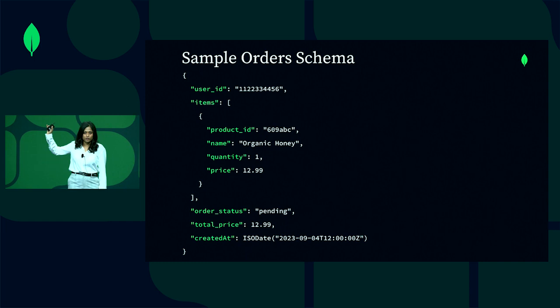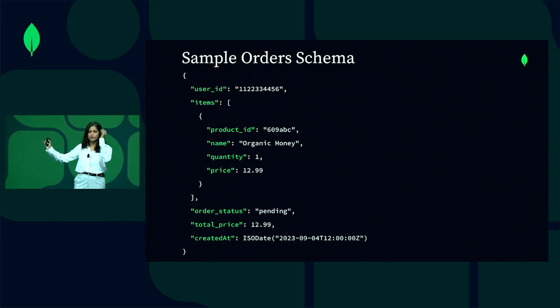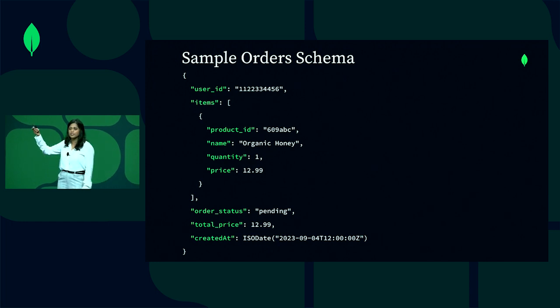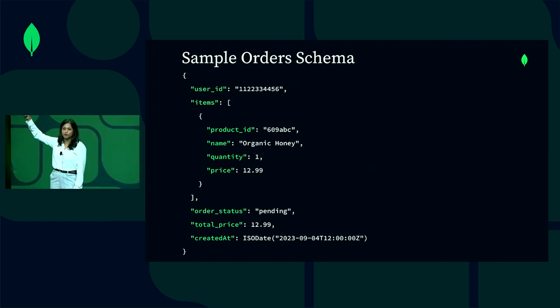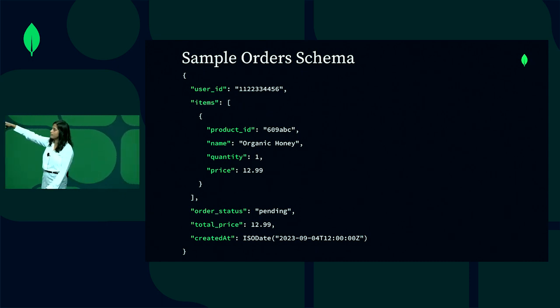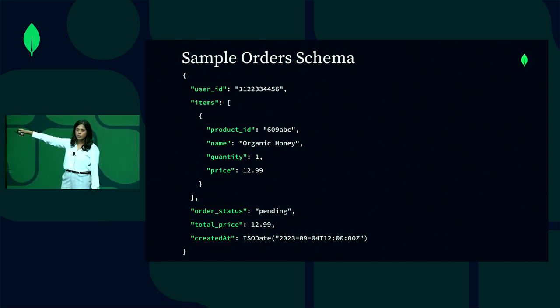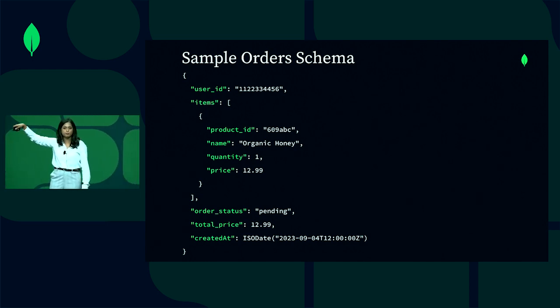Let's say this is our order schema. This is just so you understand what the context is, because I know I wrote this code. But it's a pretty regular order schema with your unique user ID. You have these items. Now, for the purpose of brevity, I haven't added a lot of items. But MongoDB can store an array within this document. So imagine there's multiple things in your cart. That's where those items would go.